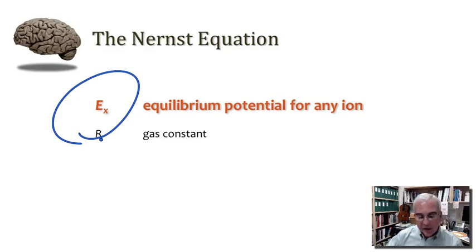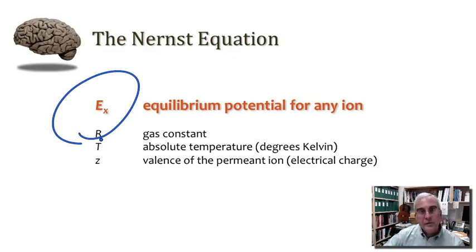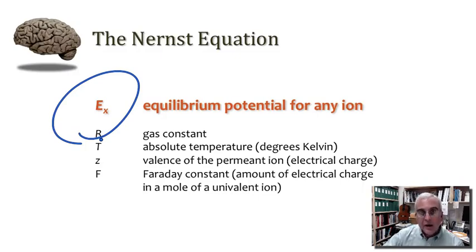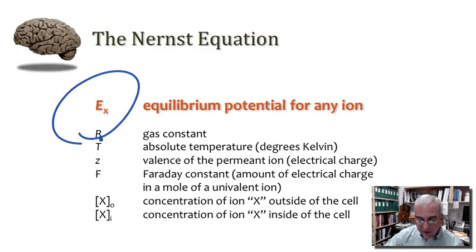It includes the gas constant, a measurement of absolute temperature in degrees Kelvin, knowledge of the valence of the permeant ion, that is the electrical charge on that ion, a factor reflecting Faraday's constant, which is the amount of electrical charge in a mole of a univalent ion that might permeate a membrane. And of course, we need to know the concentration gradient of the permeant ion, which is a function of the concentration of ion X outside of the cell and the concentration of ion X inside of the cell.